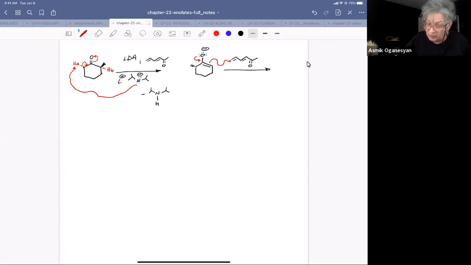Let's see what will be left in the product. We're going to resonate electron density all the way to the oxygen. Let's form a new bond. And let's build the rest of the molecule.